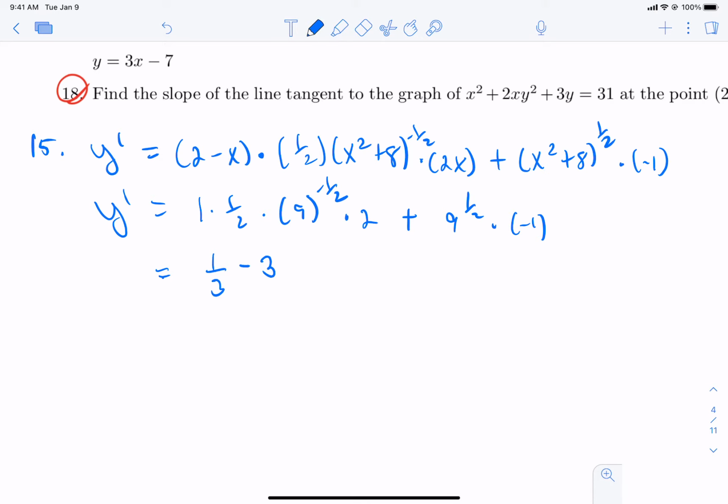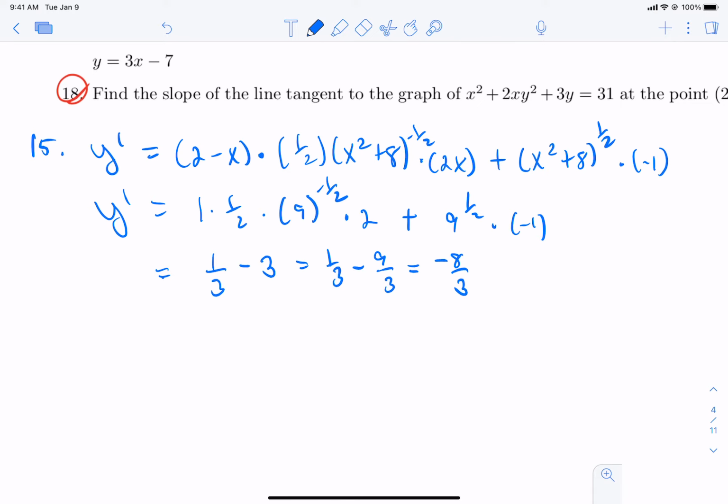Now, the answers that I'm going to give you will be fractional because I expect you to not use a calculator or anything. And so just make everything thirds. This would be 1/3 minus 27 thirds, sorry, I'm getting ahead of myself. No, it isn't. It's 9 thirds. And then when we subtract, we get negative 8 thirds. Okay?